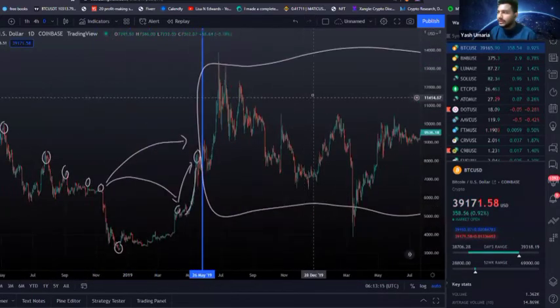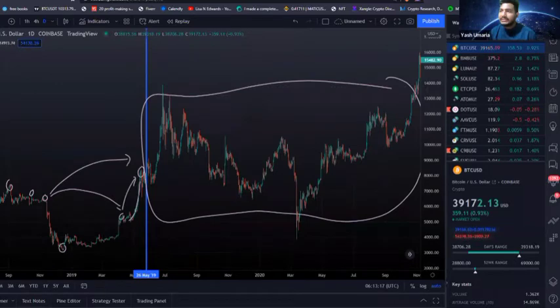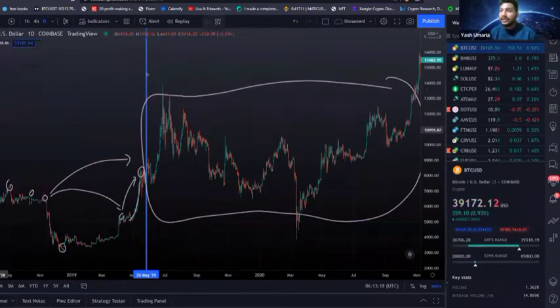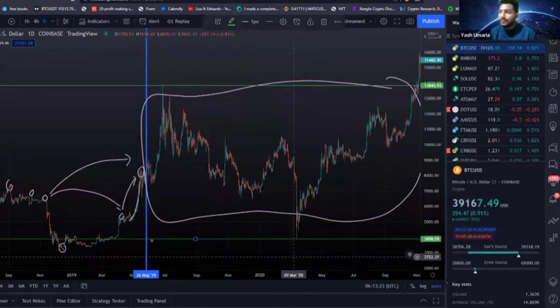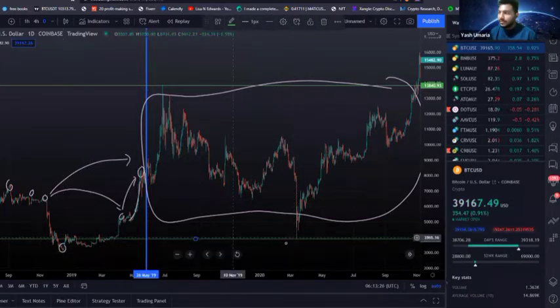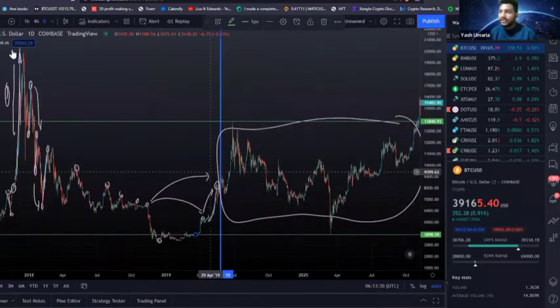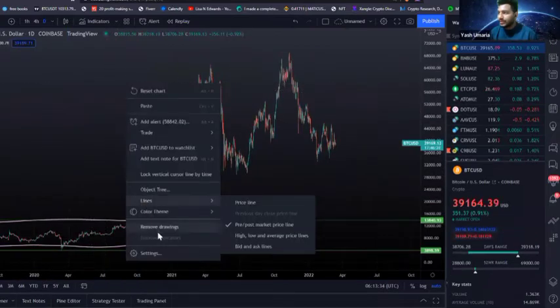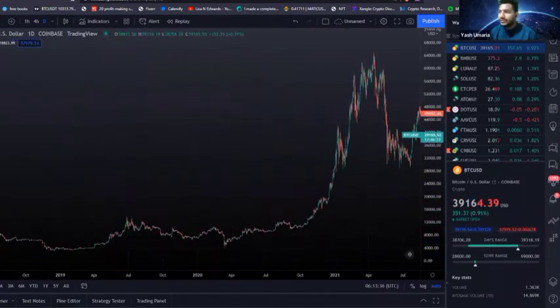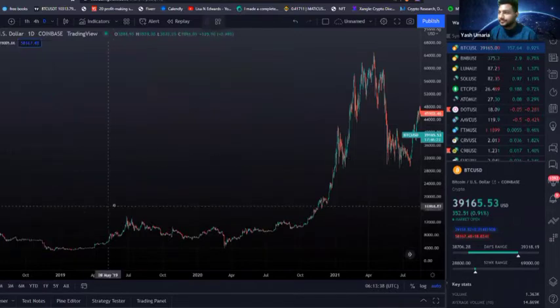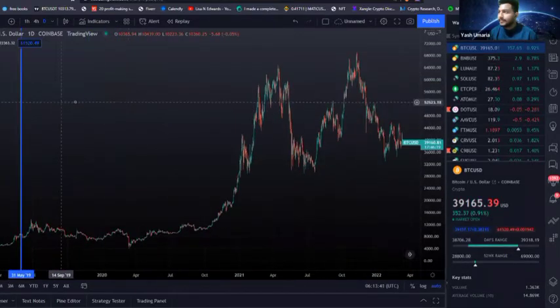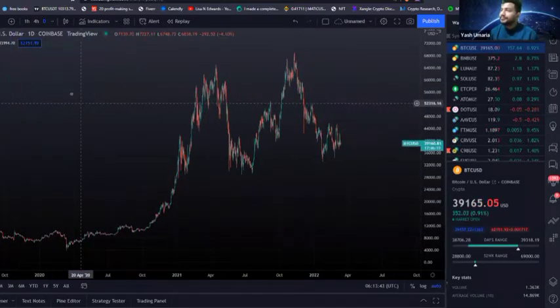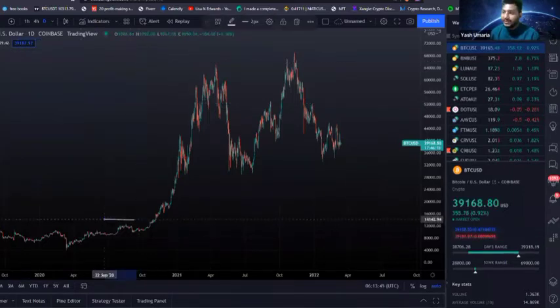Because even right here, the market is not making any kind of higher high or lower low. The low is 3,000 right here, but it still stopped around 4,000, 3,800, something like that. So this one is the accumulation. Now, depending on this knowledge, let's remove everything. Now, this is accumulation, great.